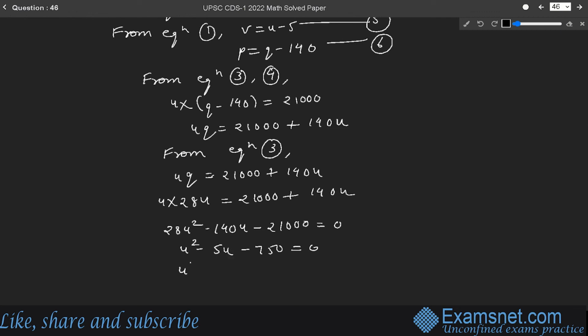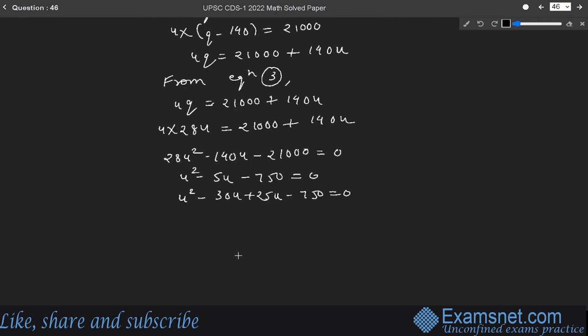Now finding the factors for it, it will be u square minus 30u plus 25u minus 750 is equal to 0. Now taking u common, it will be u into u minus 30 plus 25 into u minus 30 is equal to 0.